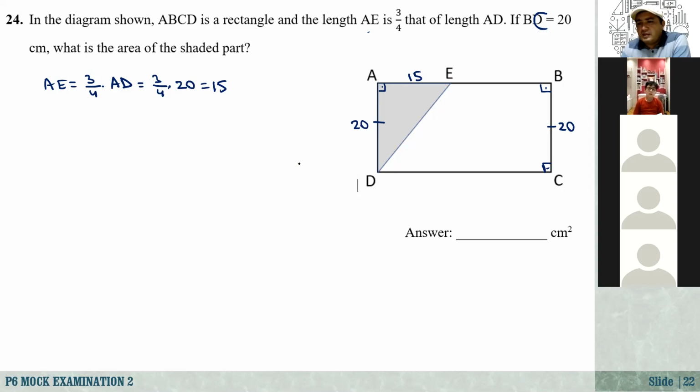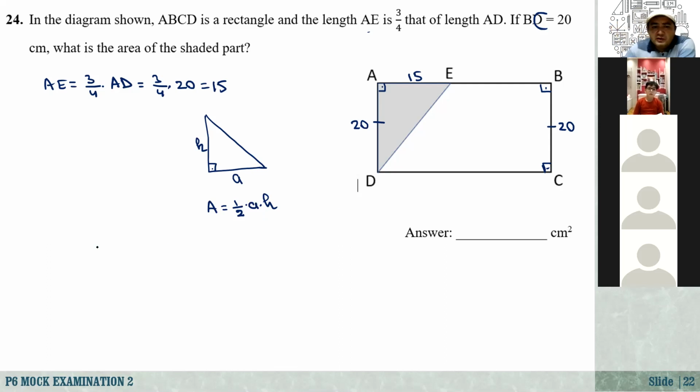It is a right angle triangle, right? If you are given a right angle triangle, how do you find the area? Let's say this one is H and this one is A. The area is equal to 1/2 times A times H, right? Usually, when you find the area of a triangle, we have 1/2 because it's half of a rectangle or square.